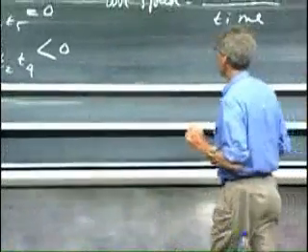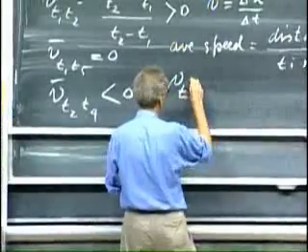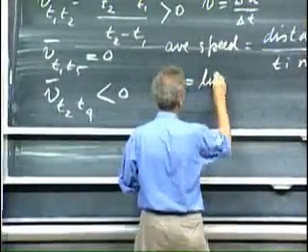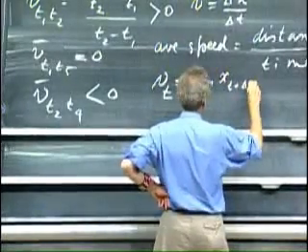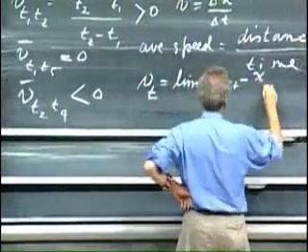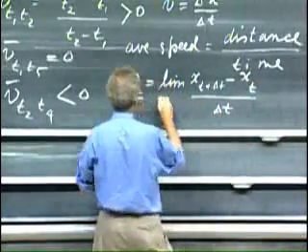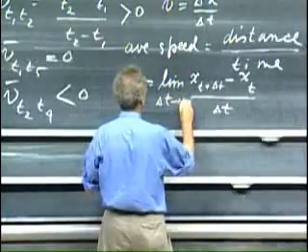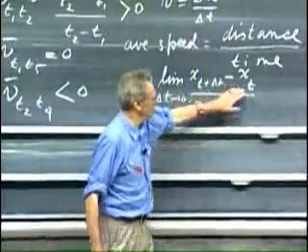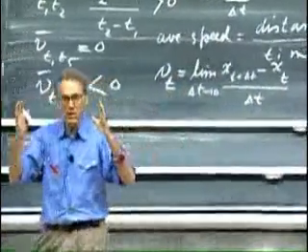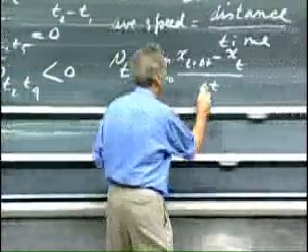The instantaneous velocity, v, and I pick a random time t, equals the limiting case for x measured at time t plus delta t, minus x measured at time t, divided by delta t, and I do that for delta t goes to 0. So think of this as being t3 and this as t2. I bring t3 closer and closer and closer to t2, and the time between them then goes to 0.